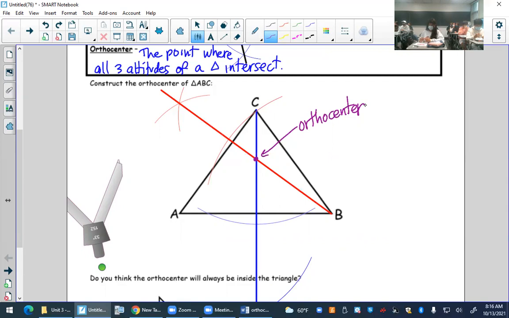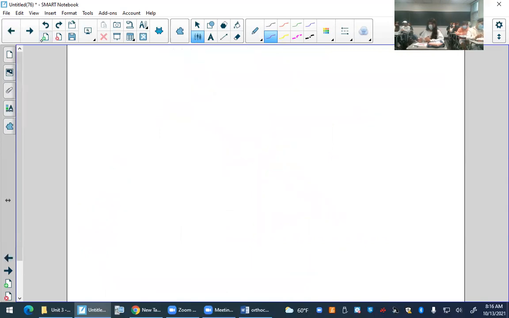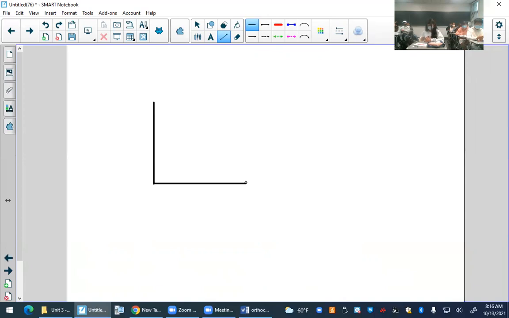Okay? So if we had a right triangle, doesn't look like it, right? I messed up. That's a vertical. That's a horizontal. So if we had a right triangle like this, this is a right angle.